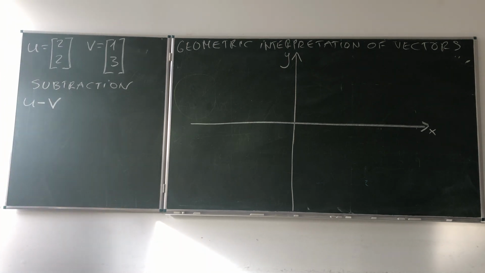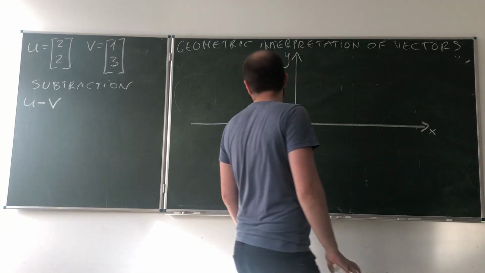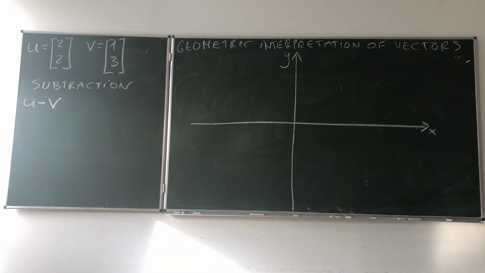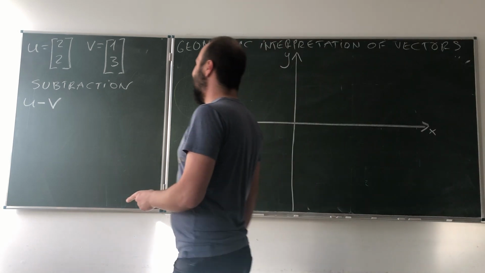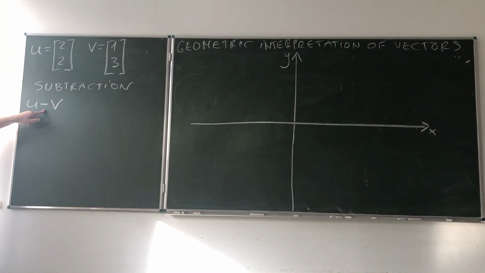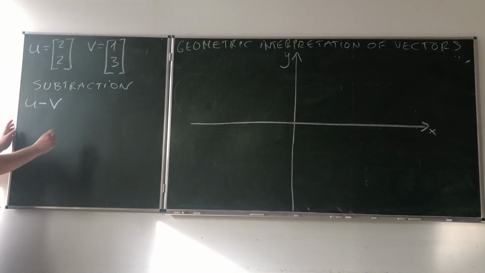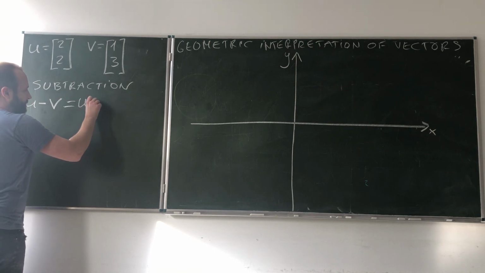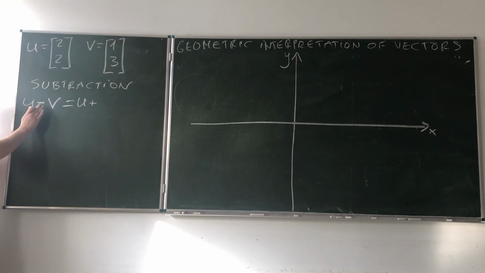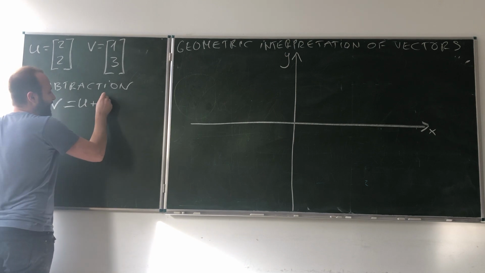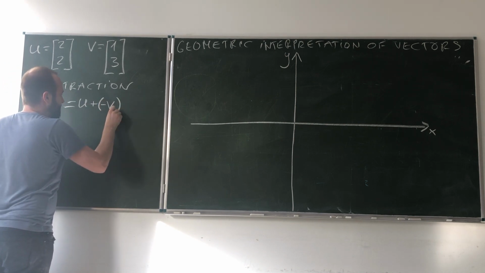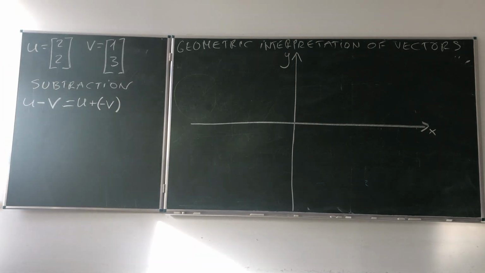Well, doing this graphically might be a little bit problematic unless we realize one very simple thing. Look, subtracting vector v is the same as adding vector negative v, right?